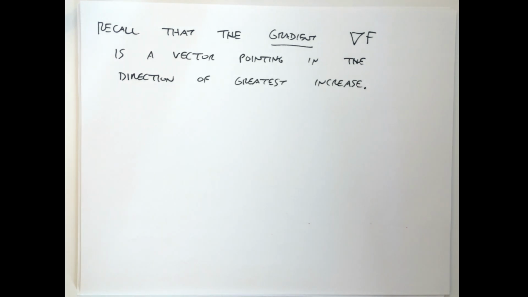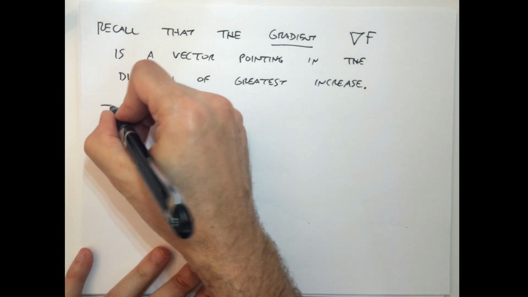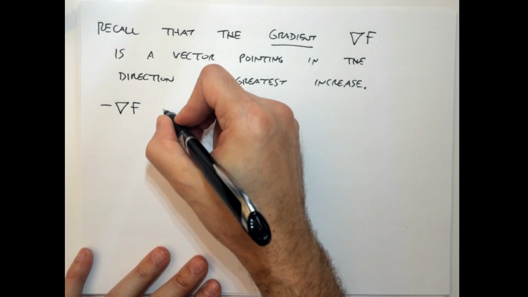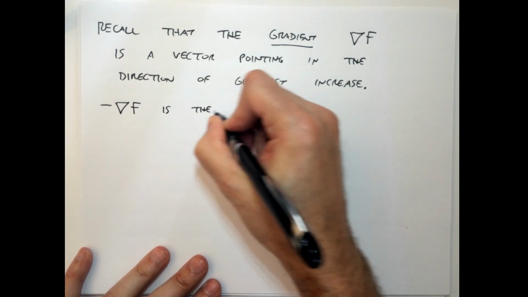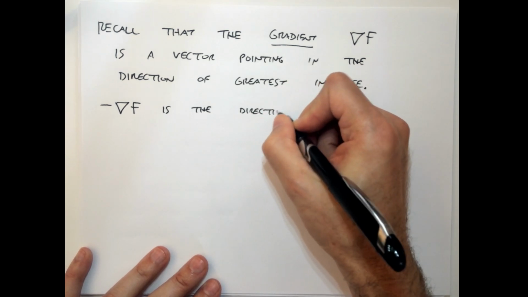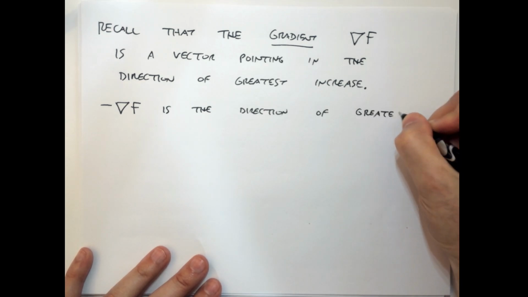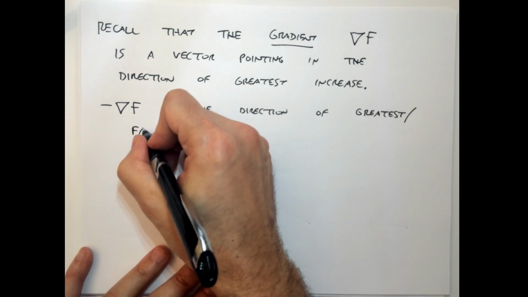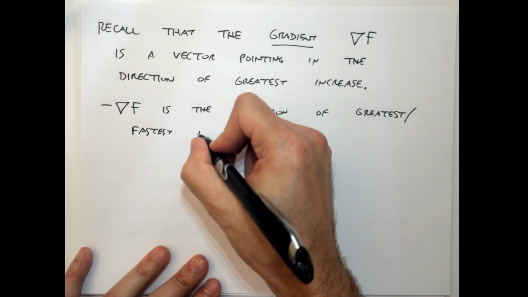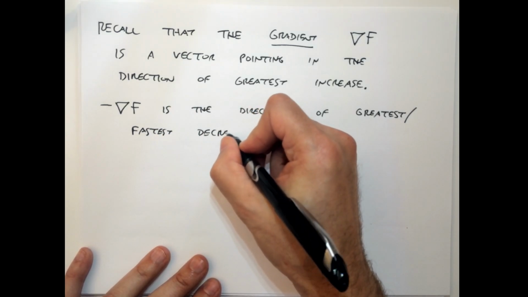And so conversely, minus the gradient is the direction of greatest, or maybe a better way to say is fastest decrease.